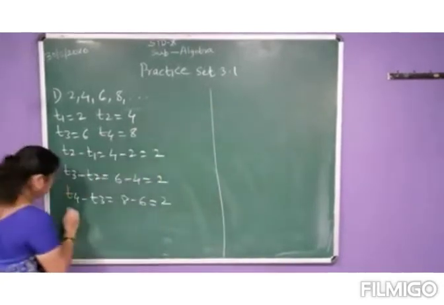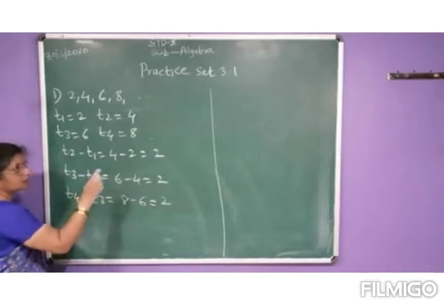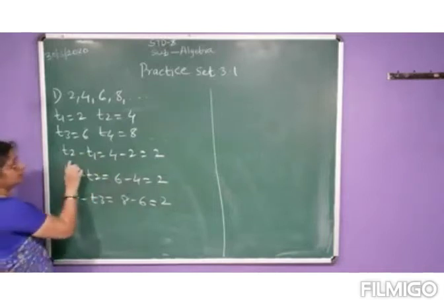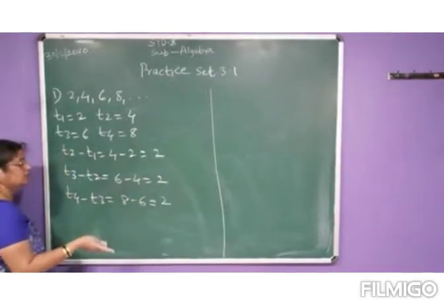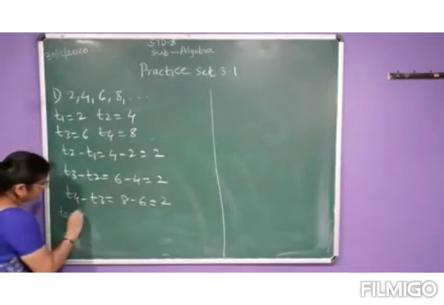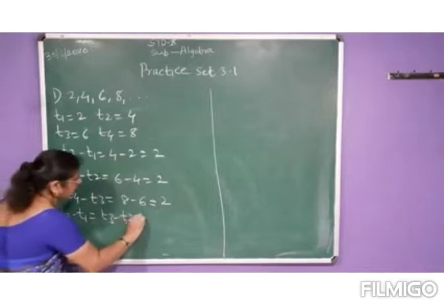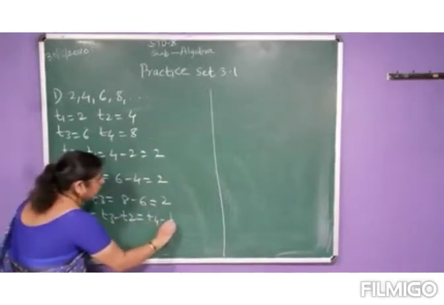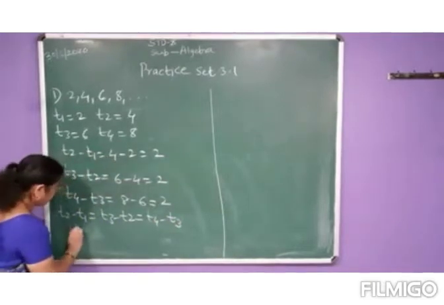So what you will write here, or as I told you when I explained, you can write in two ways. Now in the previous example we have seen that we write the difference between the two consecutive terms is constant, therefore the given sequence is an AP. Here I am writing, this way also you can represent: T2 minus T1 is equal to T3 minus T2 is equal to T4 minus T3, which is constant.